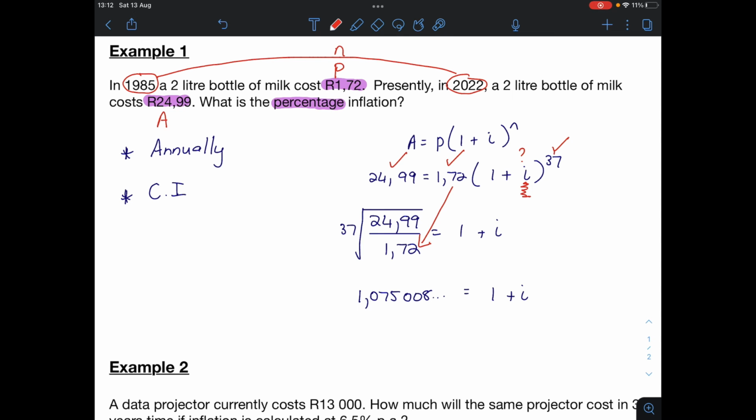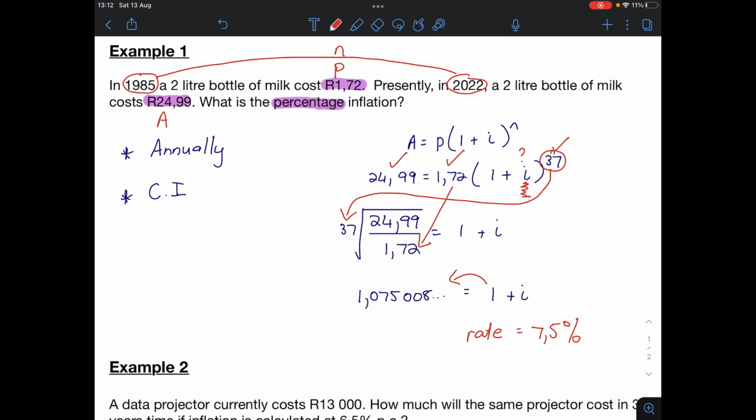In the next step, we get rid of the power 37 by taking the 37th root. And then in the final step, we take the 1 across, and then we times by 100. And that is going to give us the final percentage of inflation, which is 7.5%.